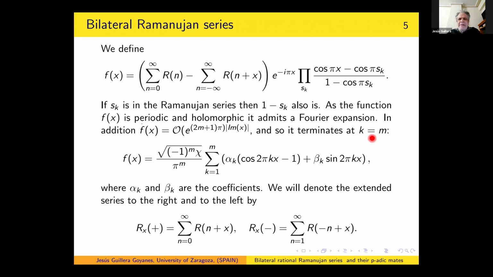So we have this equality, where alpha sub k, beta sub k are the coefficients. And the series to the right and to the left will be denoted in this way to the right and in this way to the left.